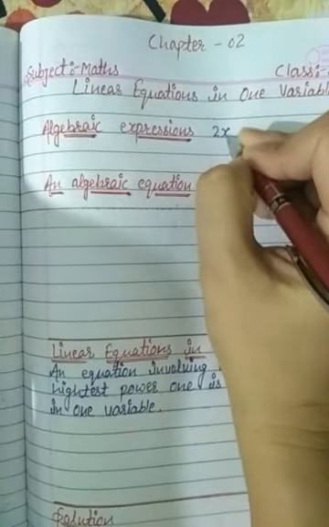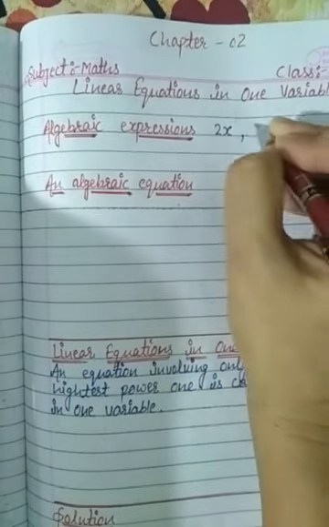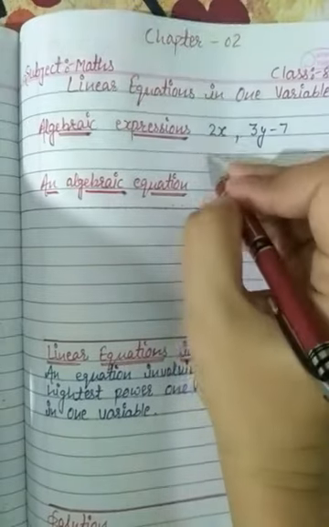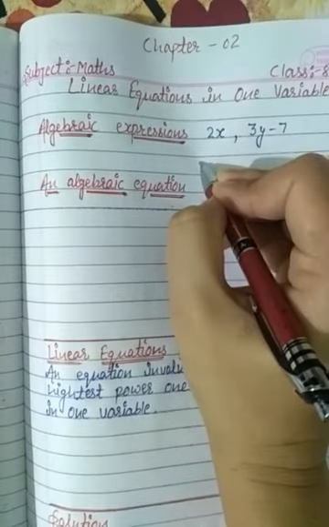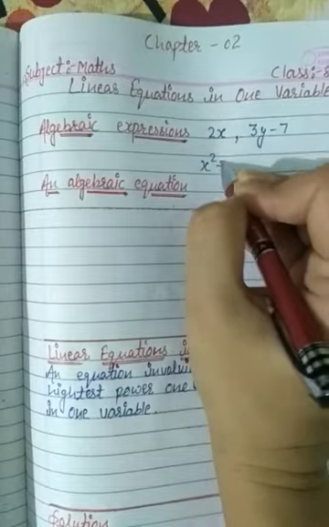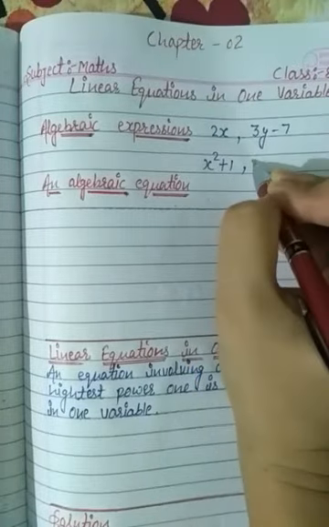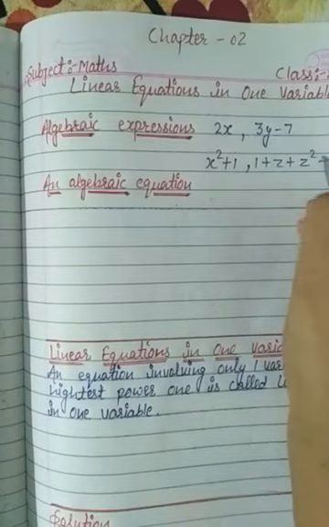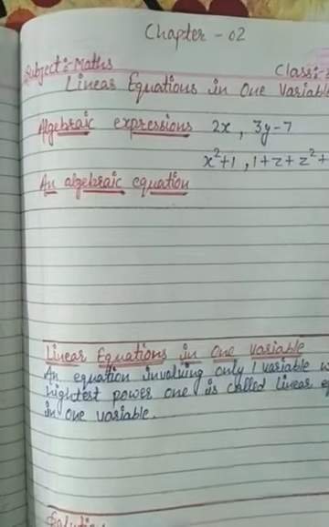2x, 3y minus 7, x square plus 1, 1 plus z square plus z cube.